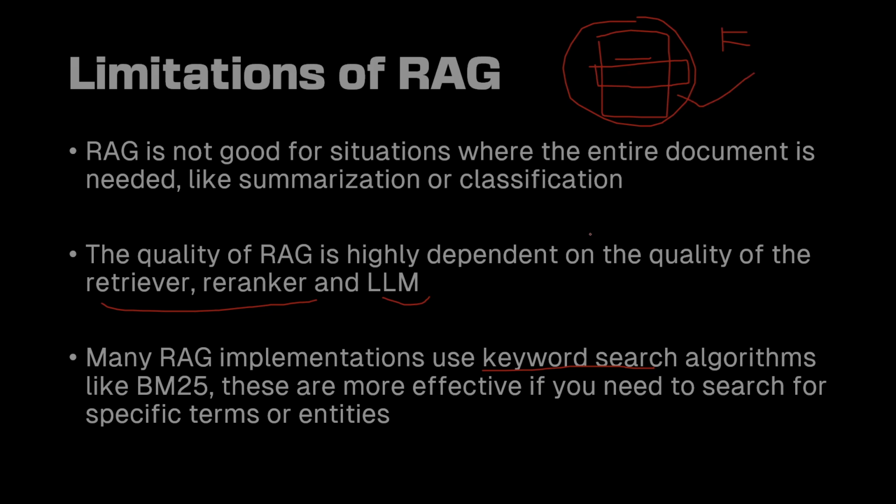This is sometimes better than the classic vector implementation. These algorithms are actually older, but they haven't really been used widely in the context of RAG. BM25 is one notable algorithm, and you can use it in place of vector search.